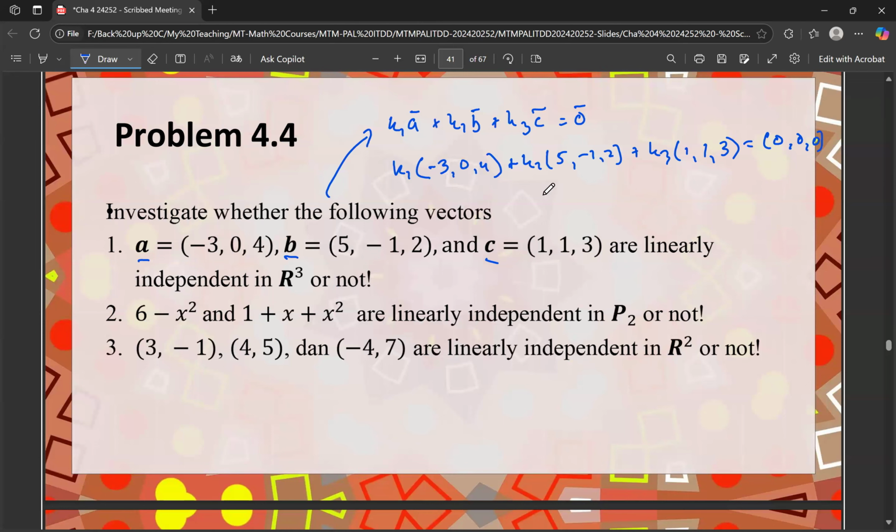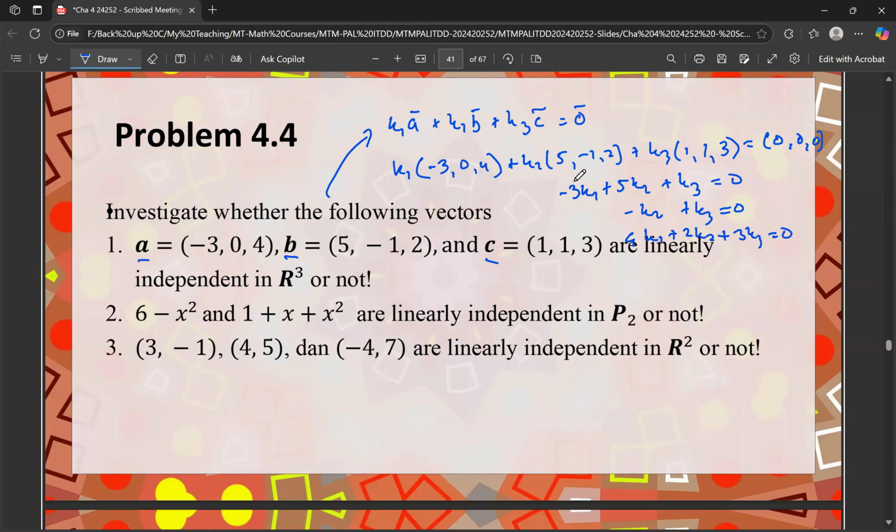So you will have three equations: -3 K1 in the first component plus 5 K2 plus K3 is equal to 0, and the second is minus K2 plus K3 is equal to 0, and the third is 4 K1 plus 2 K2 plus 3 K3.